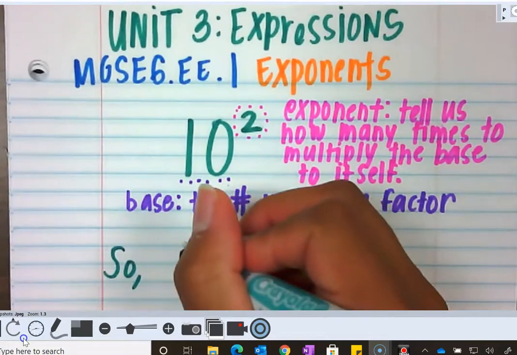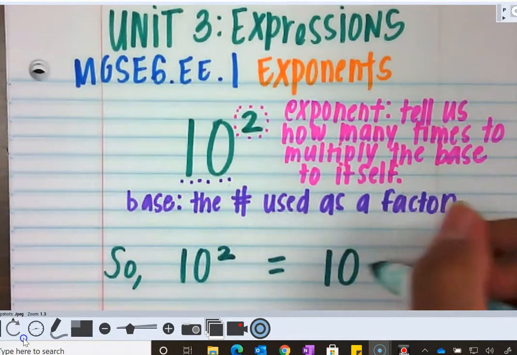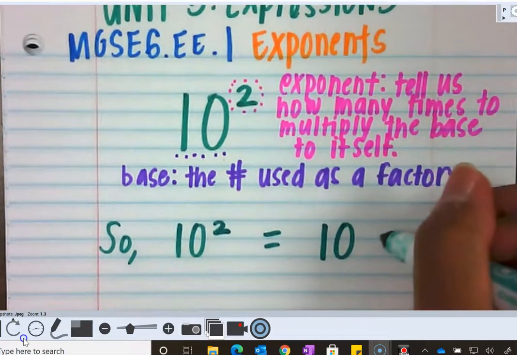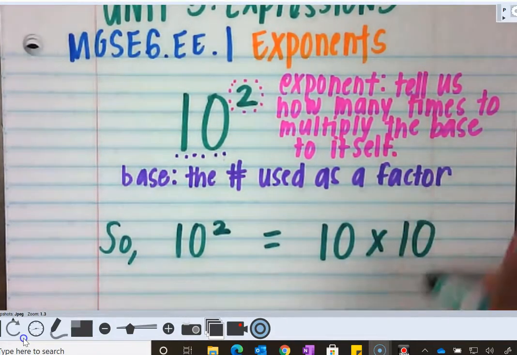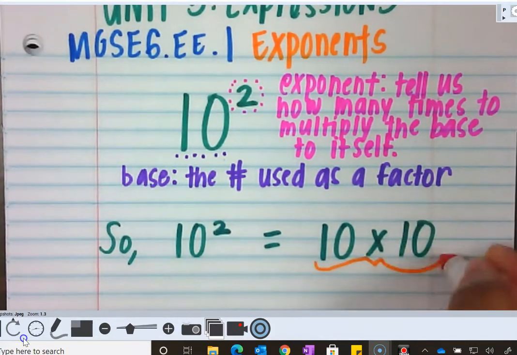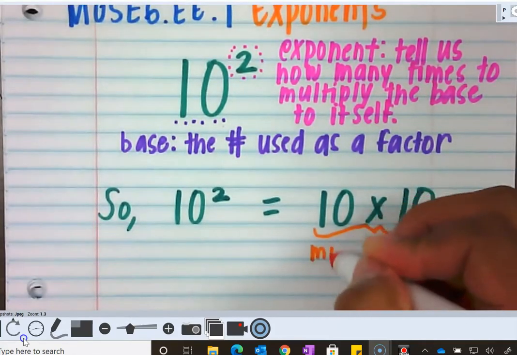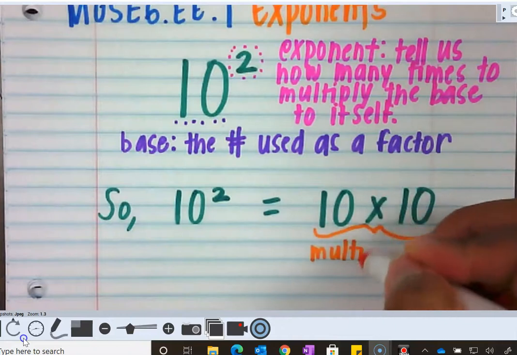So let's take a look even closer at this example. So 10 squared is equal to 10 times 10, 2 times. So what we call this here is our multiplication expression, writing out using multiplication.